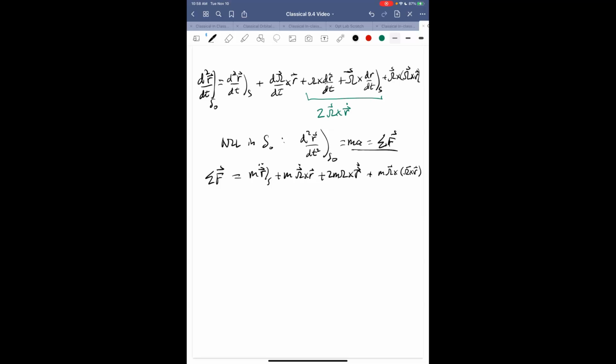All right, so that's looking a lot like a Newton's second law thing if we take this term, the ma term, and put it over on the left-hand side and put the force over on the other side, right? I can write it so that it looks like this.